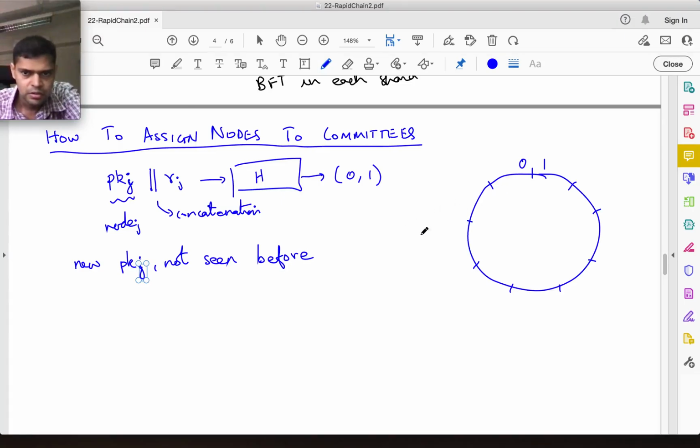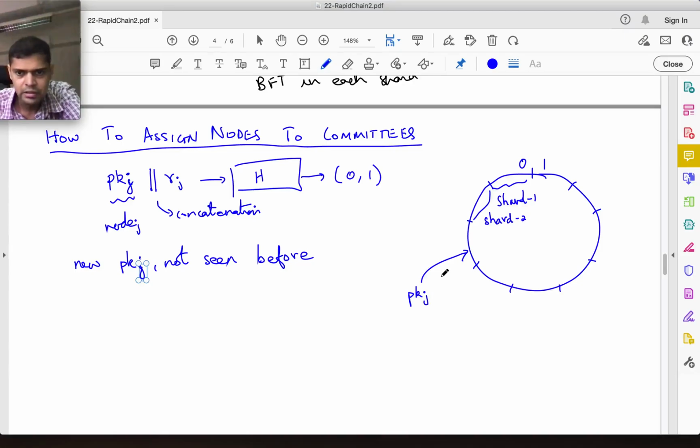Suppose PKJ gets mapped over here. All the nodes which get mapped here would be in shard 1. These would be in shard 2 and so on.